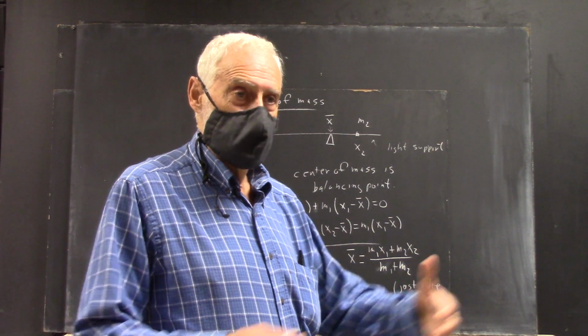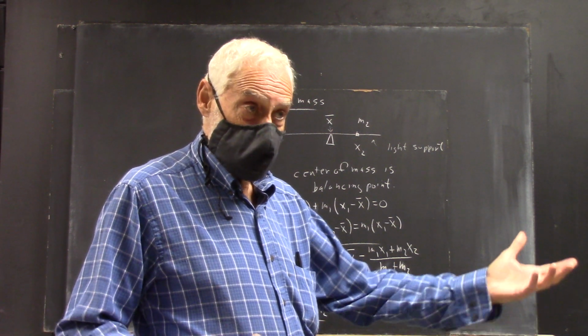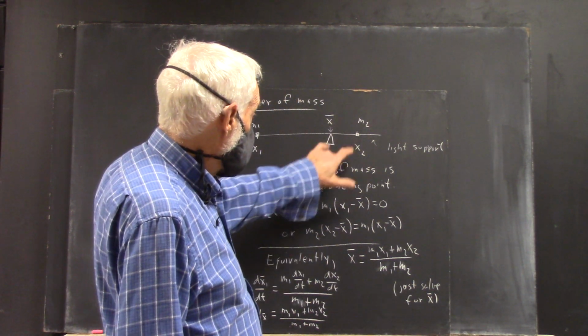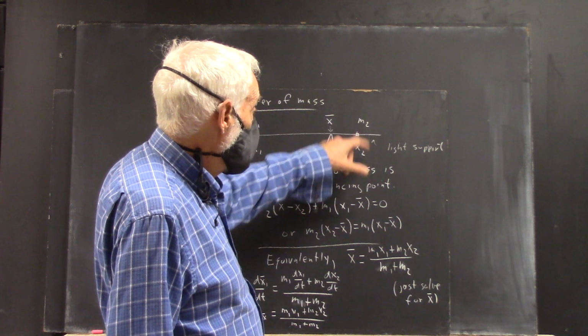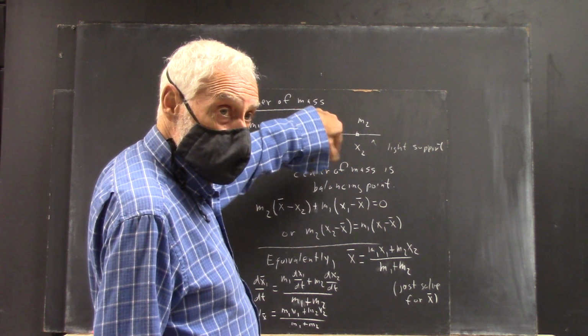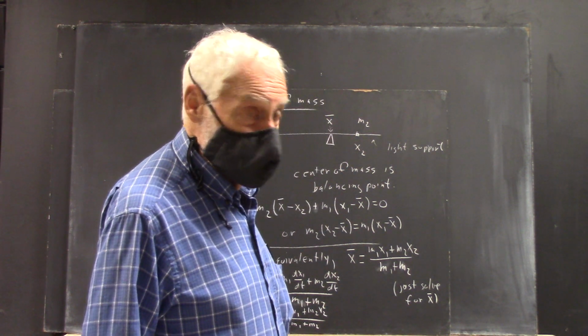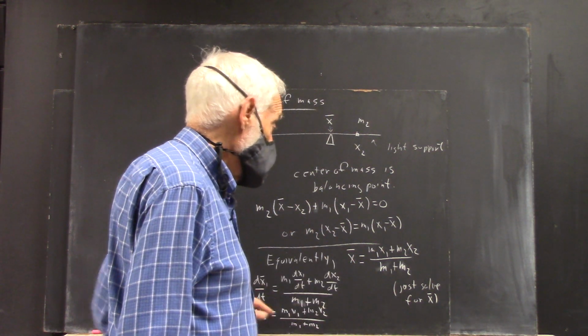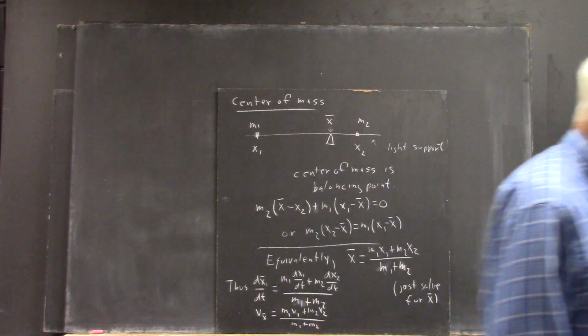Closer to you than to the kid, right? Take that intuitive result, get the idea of torque, which is just the distance times the mass with the direction of rotation, okay? You get this, and that's where this comes from, and then you take derivatives and you get the formulas that you've been using.